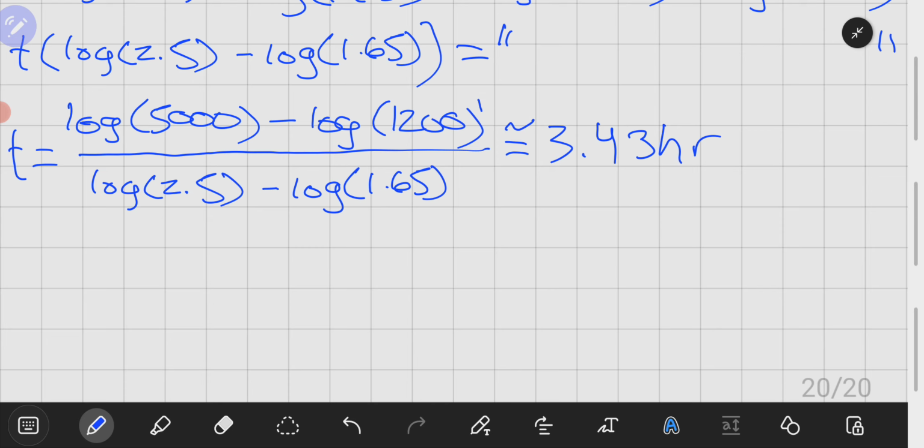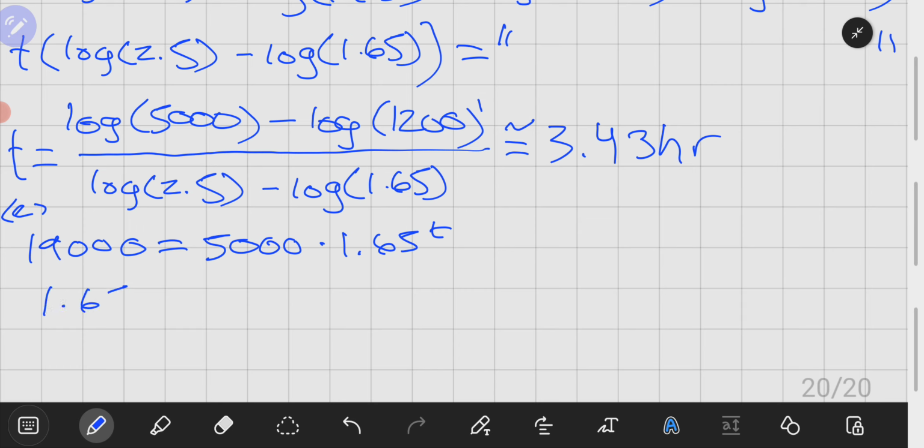Okay, where we equate our equation. This is for question E. We set 19,000 equal to 5,000 times 1.65 to the power of t. We'll rearrange everything. 1.65 to the t is equal to 19,000 over 5,000. And we'll take the logarithm of both sides so that we can bring the t in front.